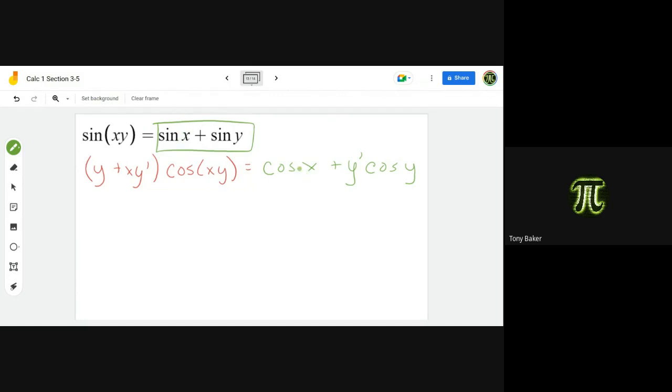What's the derivative of x? 1. I don't have to put the 1 in front, but you're still doing it. You just don't have to write it because it's assumed that it's just an x. But if it was x squared, I would have to have a 2x in front of it. That's where the y prime comes from. Because it's not just an x, it's not going to disappear. I have to put the y prime.